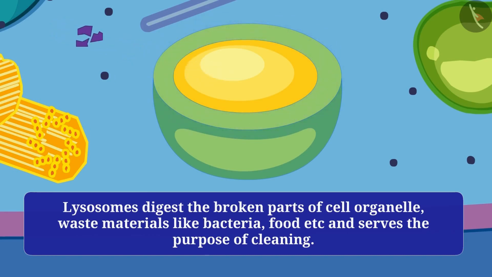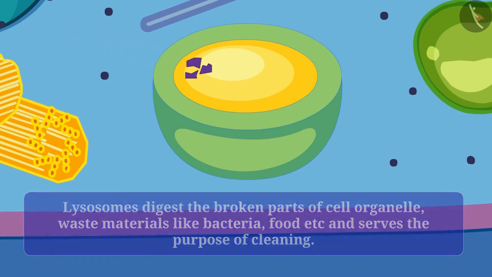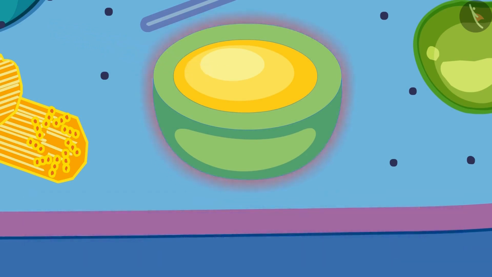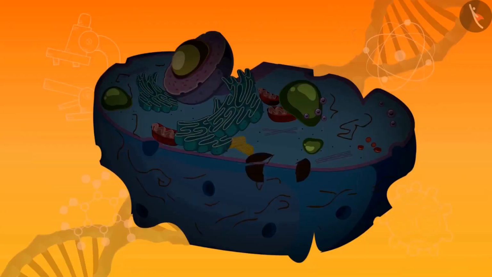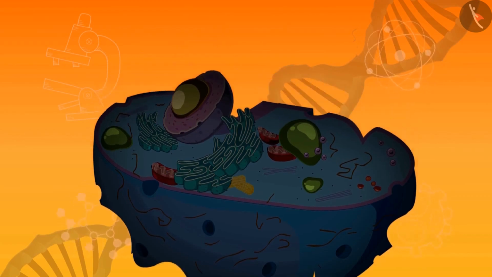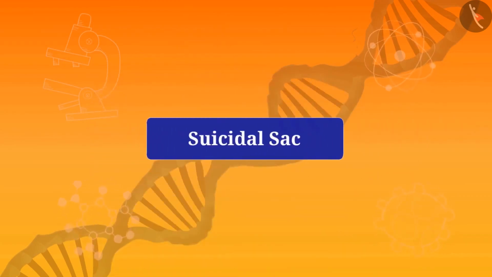And when the cell is damaged or dead due to any reason, the lysosomes burst and the enzymes digest their own cells. Hence, the lysosome is called the suicidal sac of the cell. So, in this way, the lysosome works to keep the cell clean.